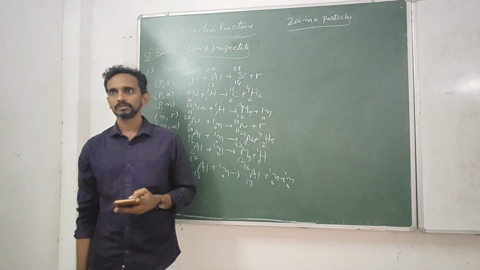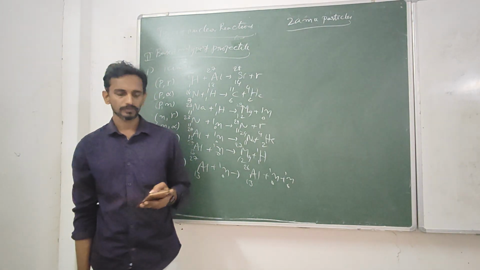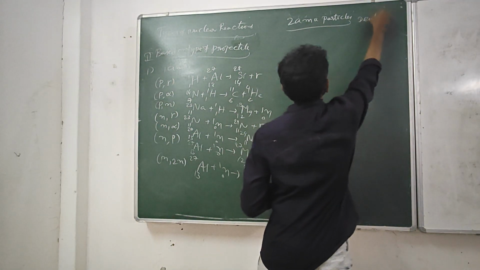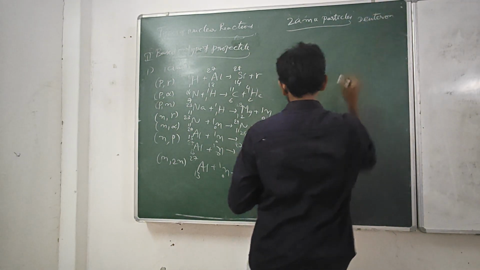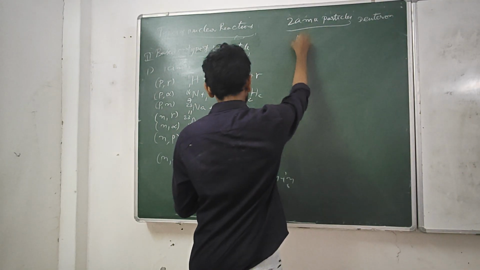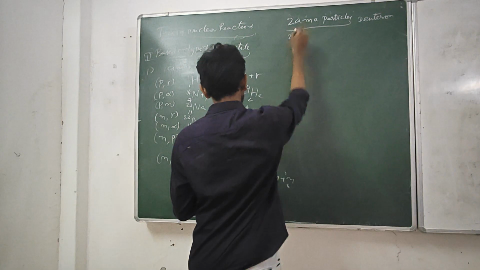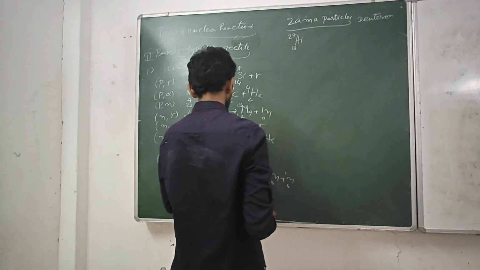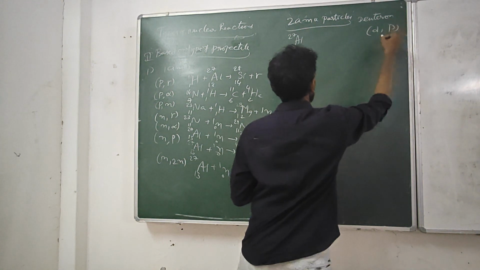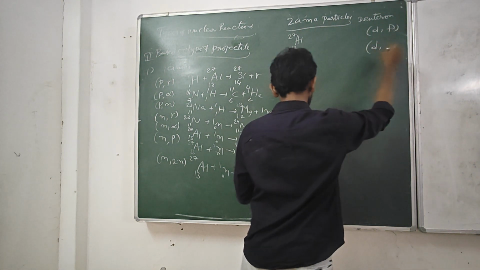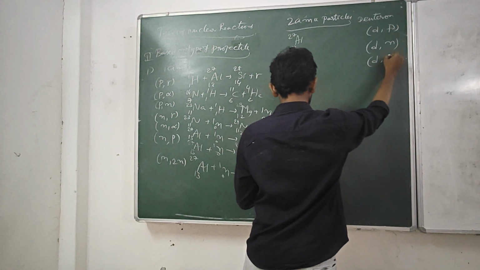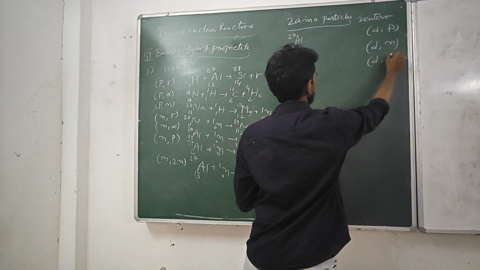H12 is the projectile. And target is fixed, Al1327. So what are the reactions? Deuteron gives you proton, deuteron gives you neutron, deuteron gives you tritium.